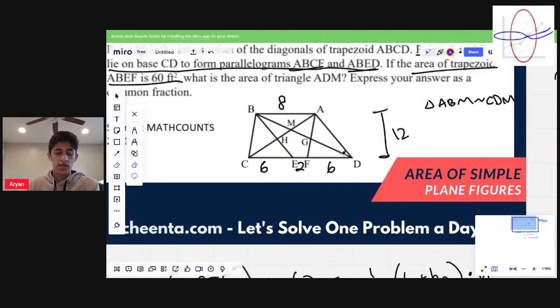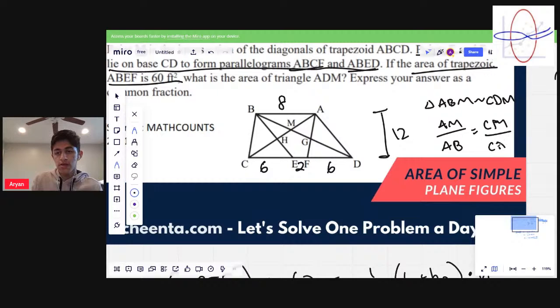Now that lets us write out the ratios from AM to MC. We have AM over AB would equal CM over CD using our similar triangles statement.